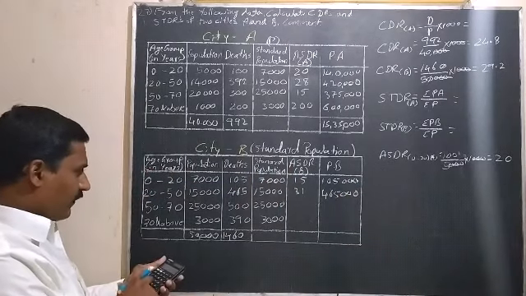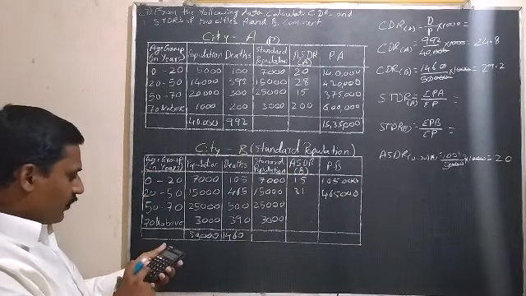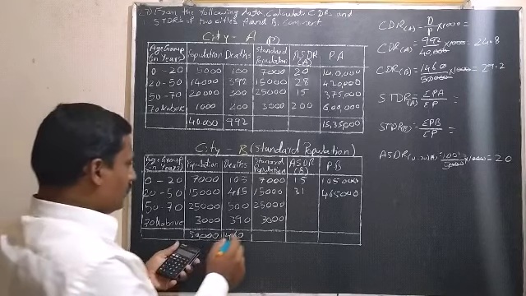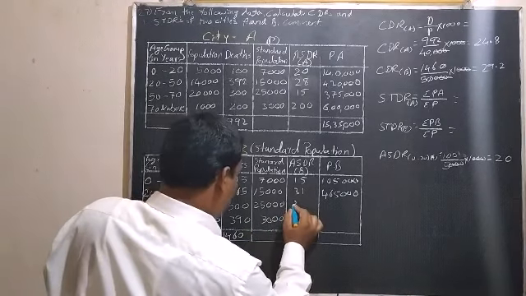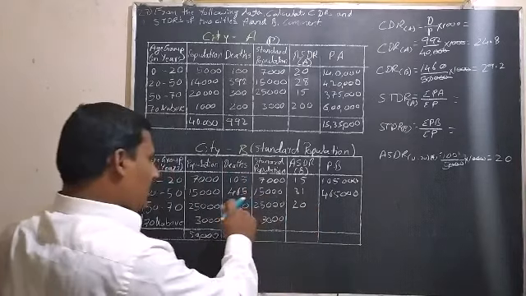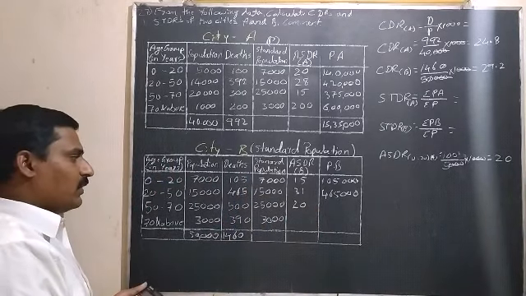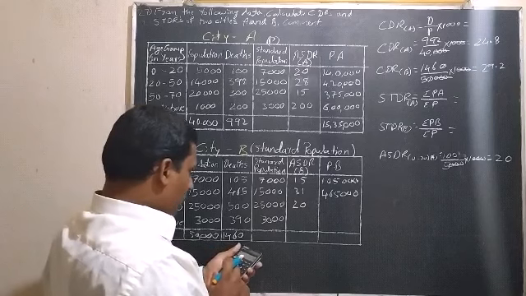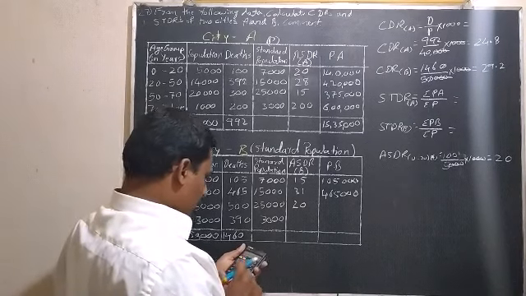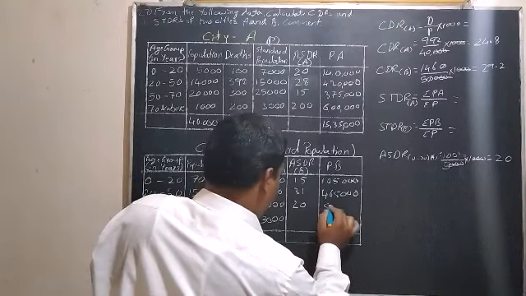Then the third one, 500 divided by 25,000 into 1000 is equal to 20. 20 into 25,000 is equal to 5 lakh.